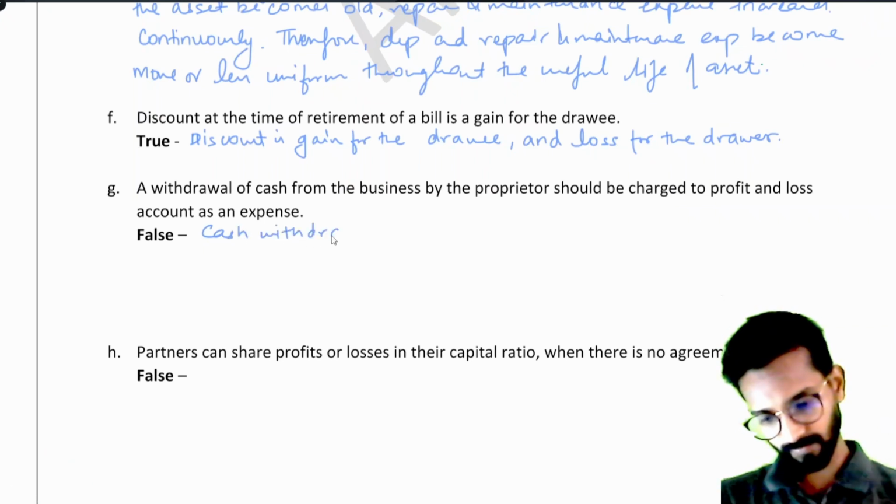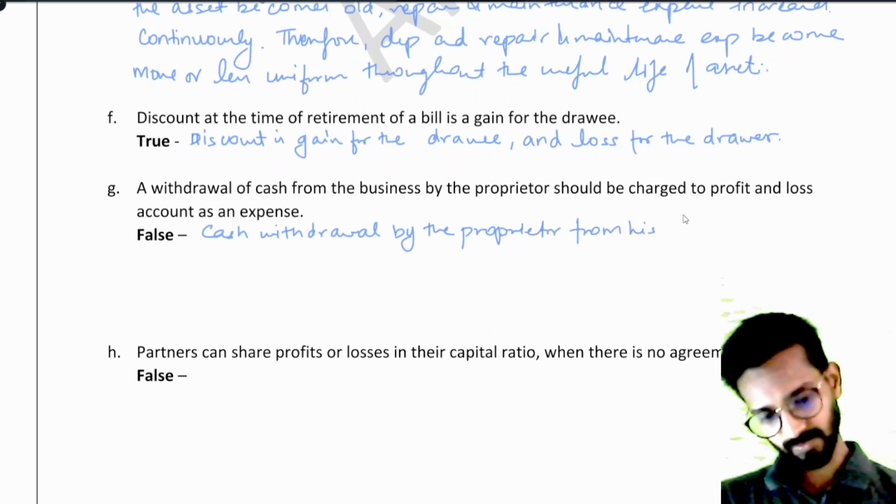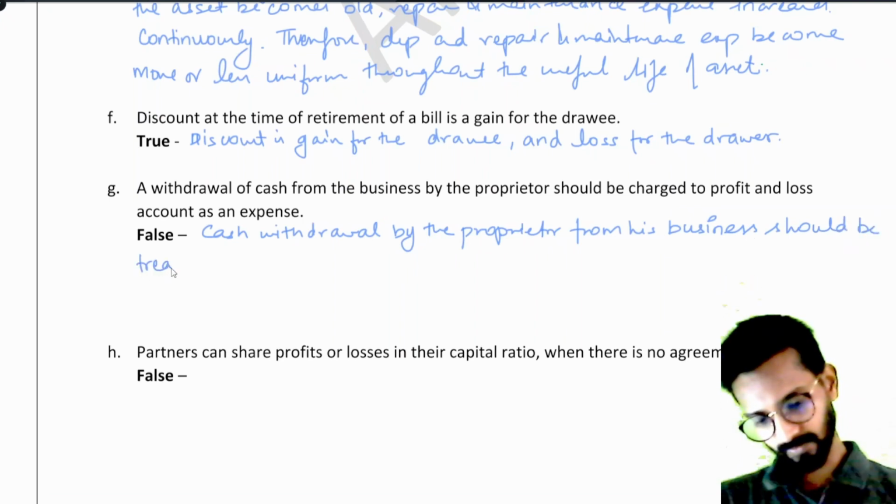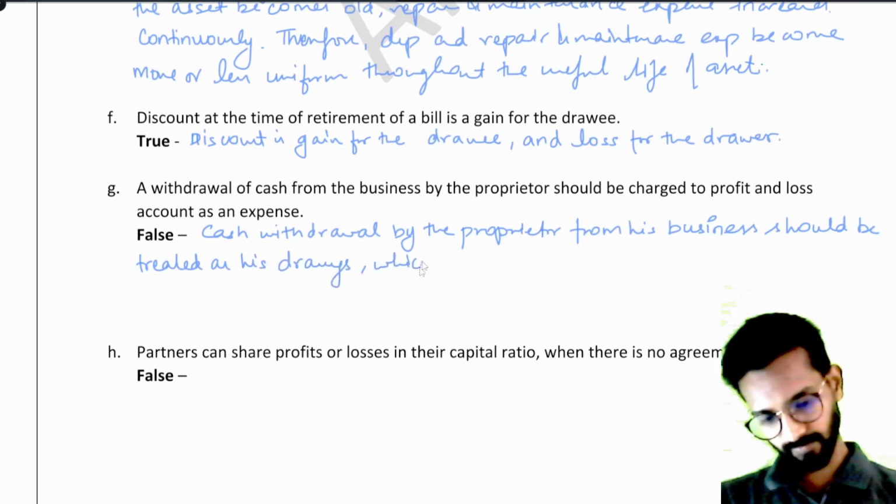The answer is false because cash withdrawal by the proprietor from his business should be treated as his drawings, which is not a business expense.